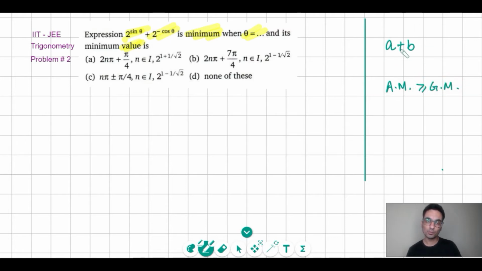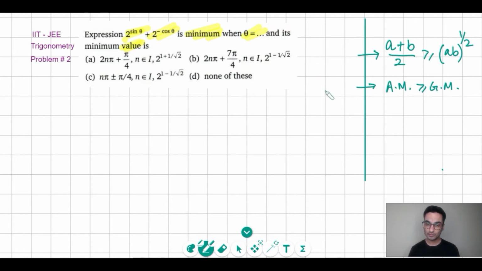The AM of two numbers a and b is a plus b over 2, and that should be greater than or equal to their GM, which is square root of a times b, or I can say a times b raised to the power 1/2. Okay, so this is the starting point that we have.